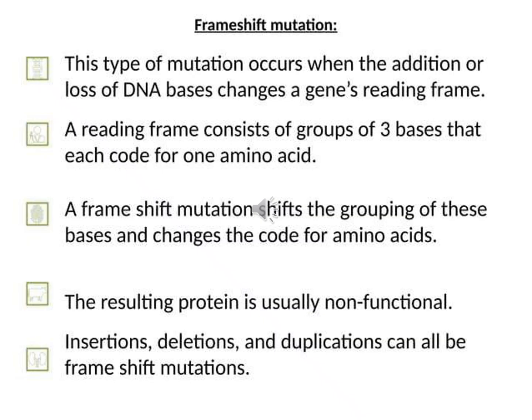So a frame shift mutation shifts the grouping of these bases and changes the code for amino acids. The resulting protein is usually non-functional or truncated, and that is mainly due to insertions and deletions; duplications can also be a frame shift mutation.